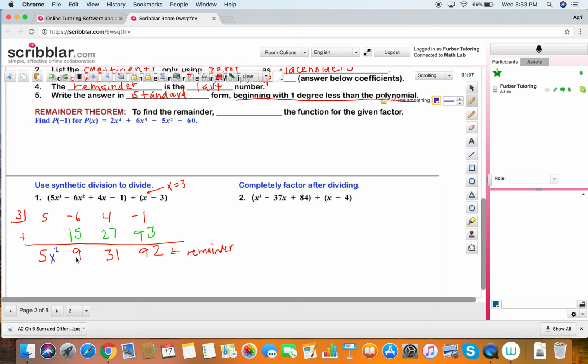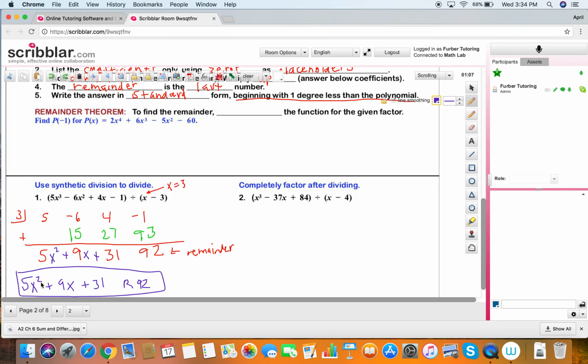And since this 9 is not a negative 9, I'm going to put a plus. Then the next power below x squared is just x, and then I'm going to put a plus. And then 31 is the constant term. So my answer is really 5x squared plus 9x plus 31, remainder 92.